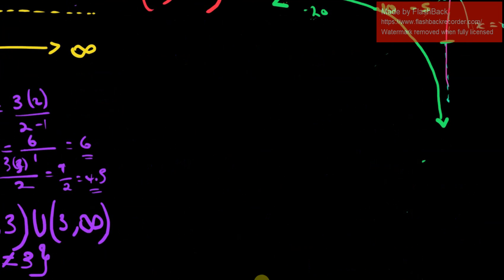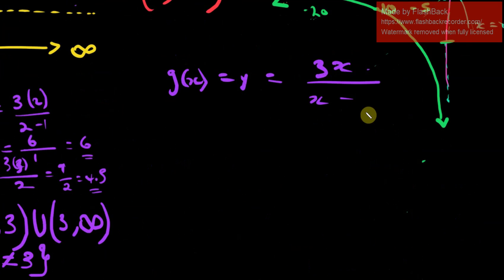Okay, let's test it out. Given g of x equals y equals 3x divided by x minus 1, let's make x the subject of the formula.